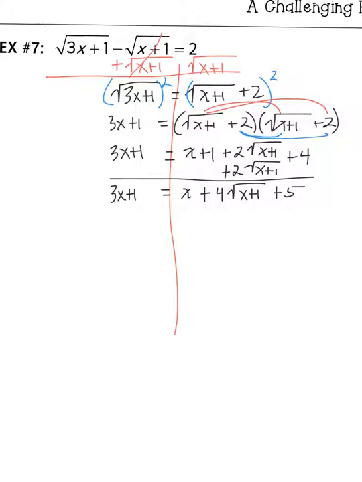So we need to get that radical by itself. So I'm going to subtract x from both sides and subtract 5 from both sides. So we end up with 2x minus 4 equals 4 times the square root of x plus 1.